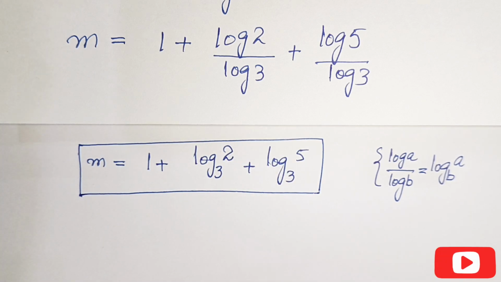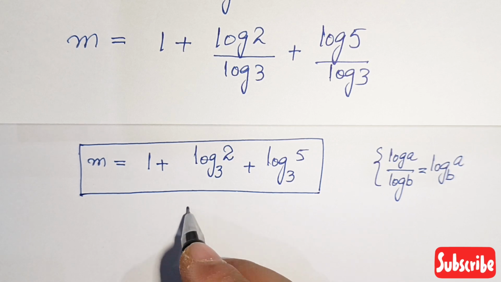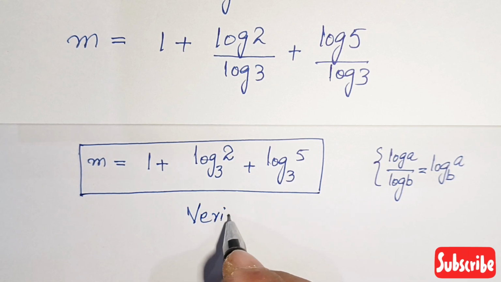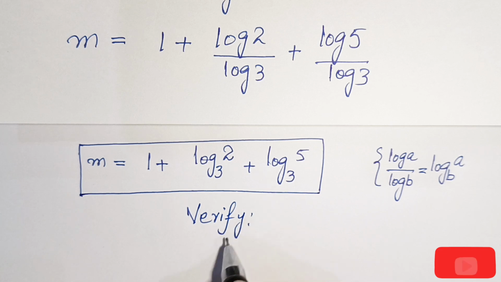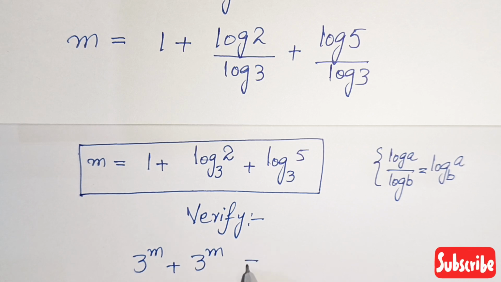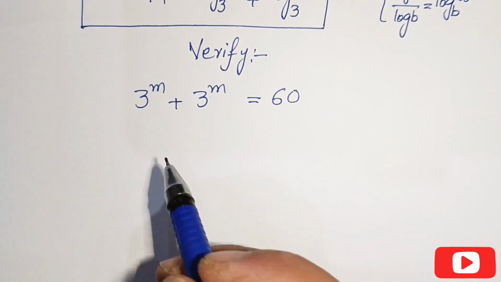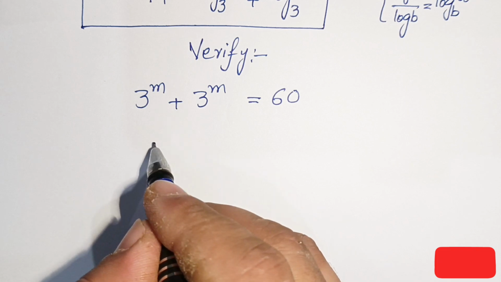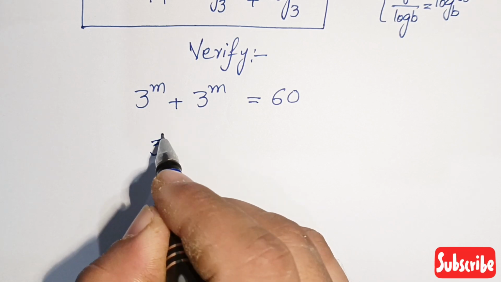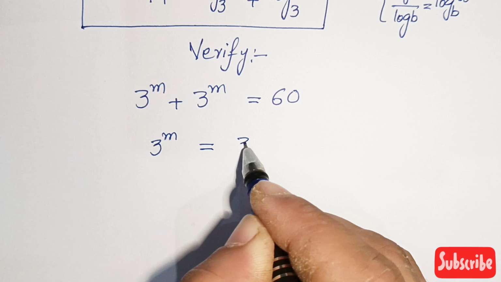Now we have to verify our result. For verification we recall our problem, that is 3 to the power m plus 3 to the power m is equal to 60. By simplification, as we did initially, 3 to the power m is equal to 30.